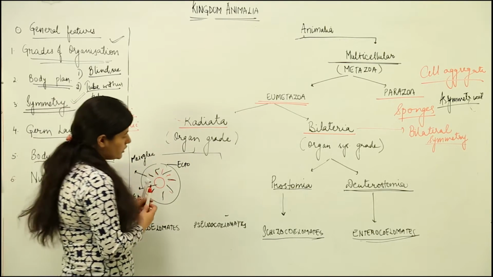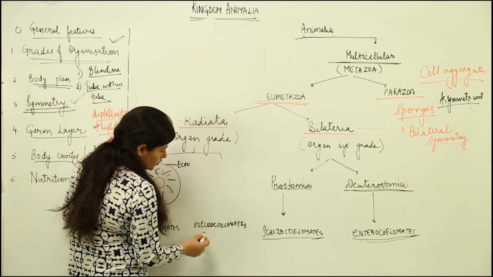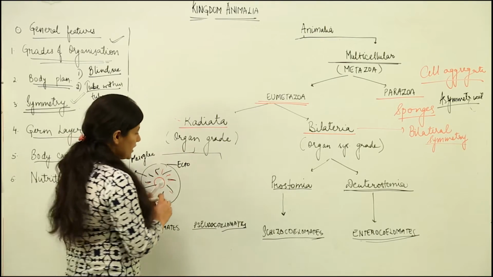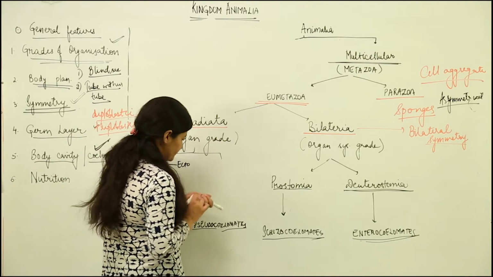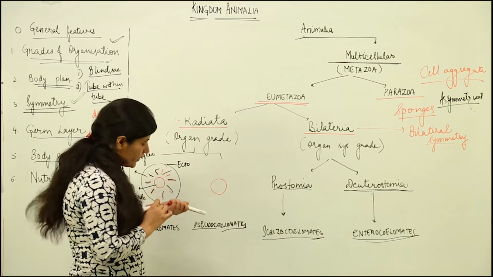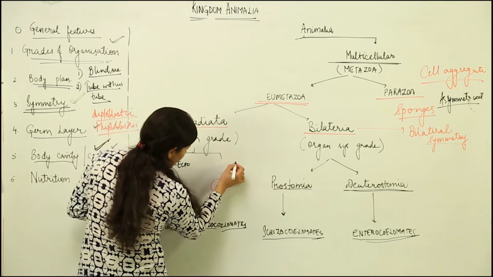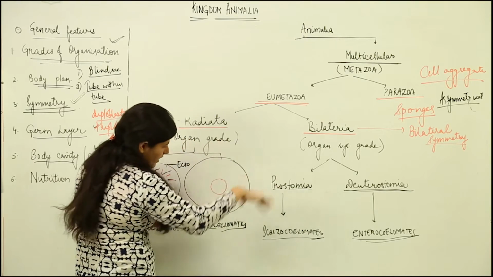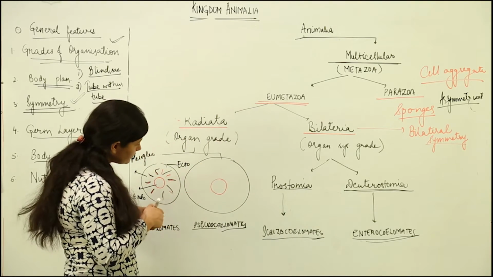Talking about pseudocoelomates, as the name suggests, there is a pseudocoelom, meaning false coelom, present inside the organism. Now let's consider again. We have the gut, which is lined by endoderm. Outside the gut there is the ectoderm, the outermost lining.